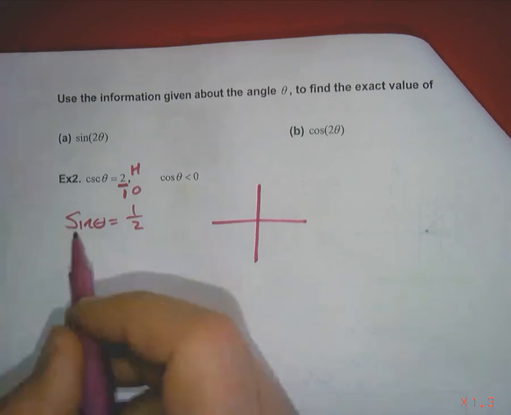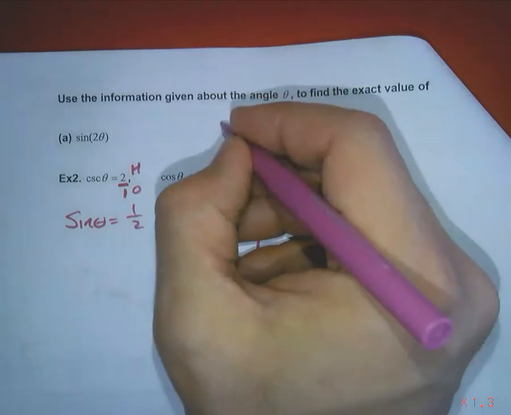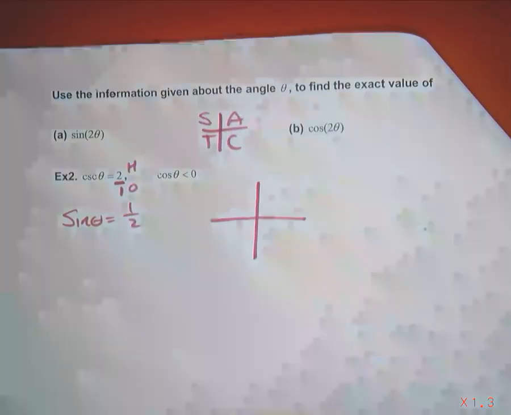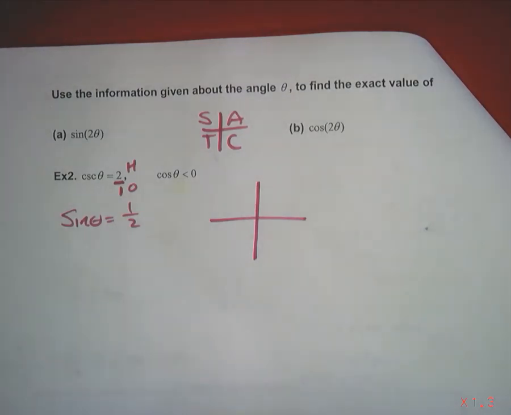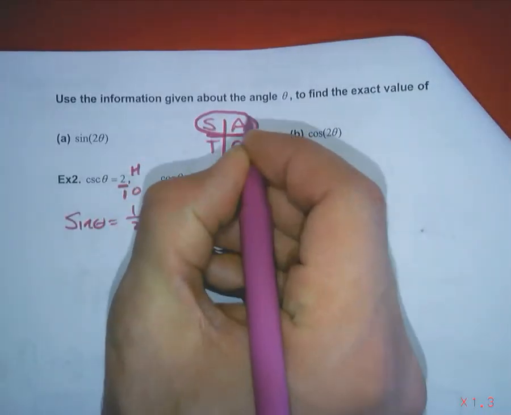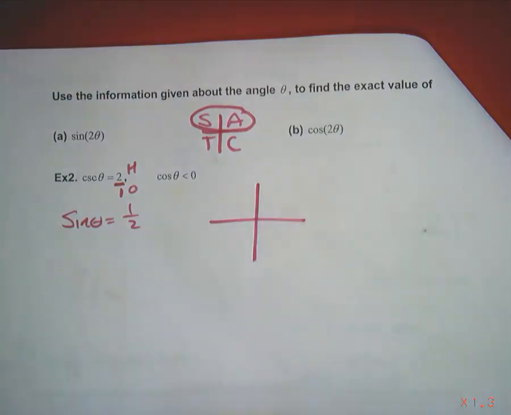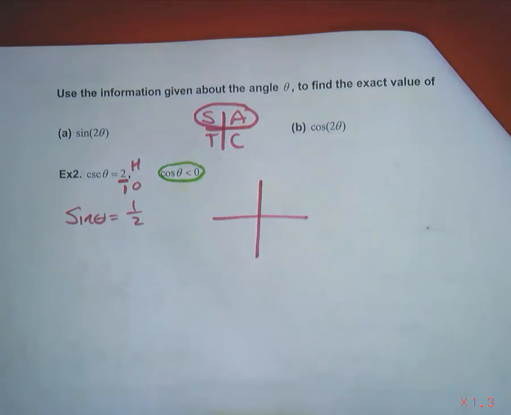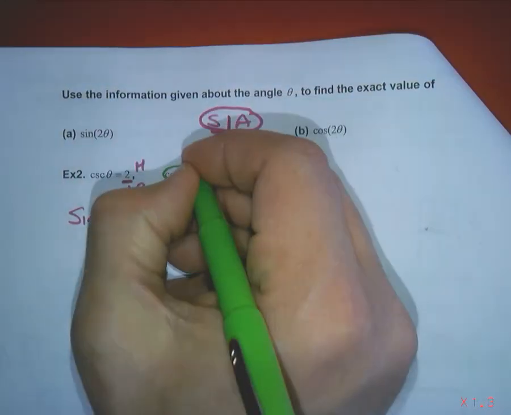So as I take a look, sine is positive, so I go back to this idea: all students take calculus. I want to know where to draw this triangle, okay? So sine is positive in 2 quadrants, above or below. AS or TC, where is sine positive? A and S. All are positive, that's A, and sine's the only one positive. Then I take a look at what other information they gave me. They gave me cosine is less than 0, that means negative.